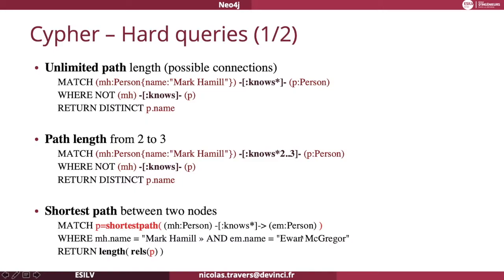Of course, this path is of length 2 between Star Wars 1 and Star Wars 4. And the output is the length of these relations. So I get the shortest path p, I get the relations between them, so I have two relations, and the length function will give the value 2.